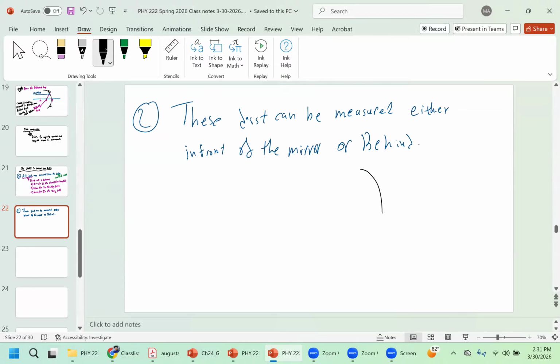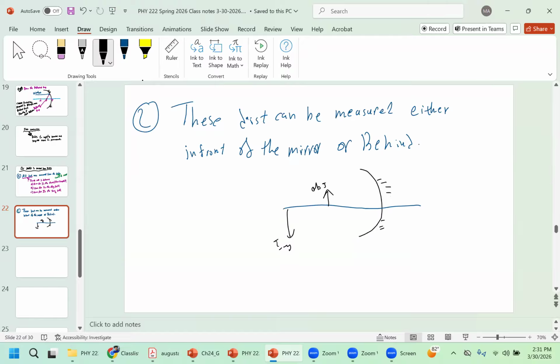So basically, let's say you got a mirror, you got this side over here, let's say it's a concave mirror. You got an object. Let me move the object a little closer. Here's your object. Here's your image.